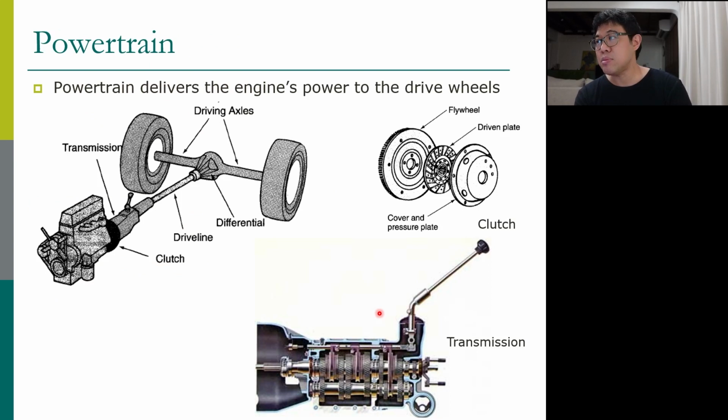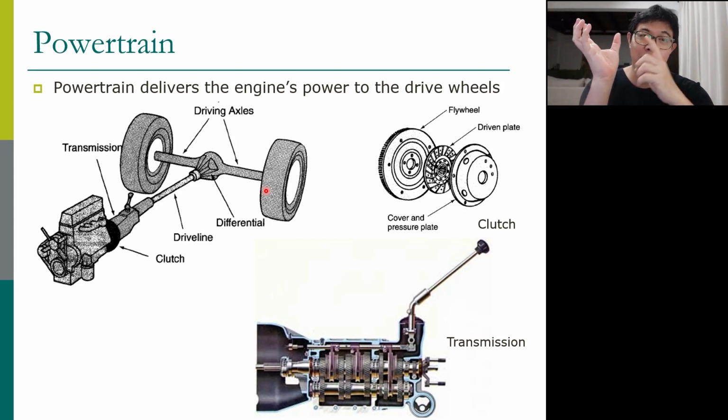We also have the powertrain. Basically, after you create power using your engine, you have to transfer power to the drive wheels. The characteristic of the power from the engine is not what we want at the drive wheels. The engine has high speed but low torque, but we want high torque at low speed, so we have to transform the power using the transmission.